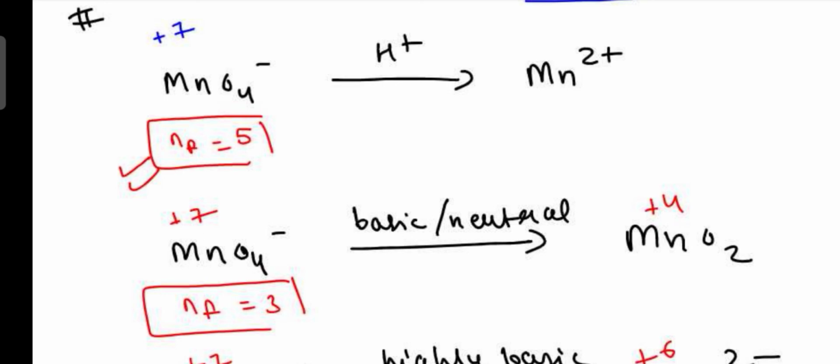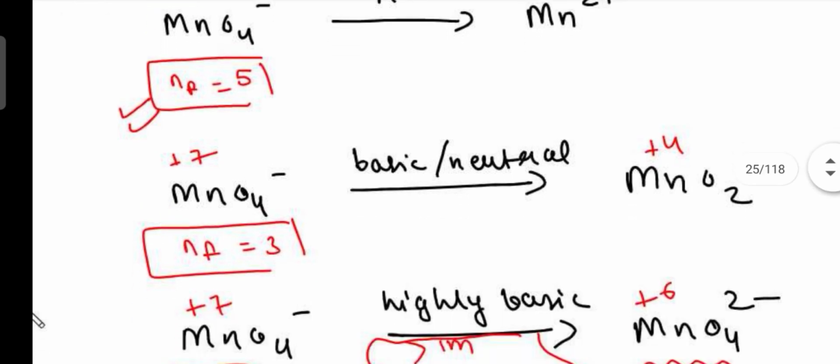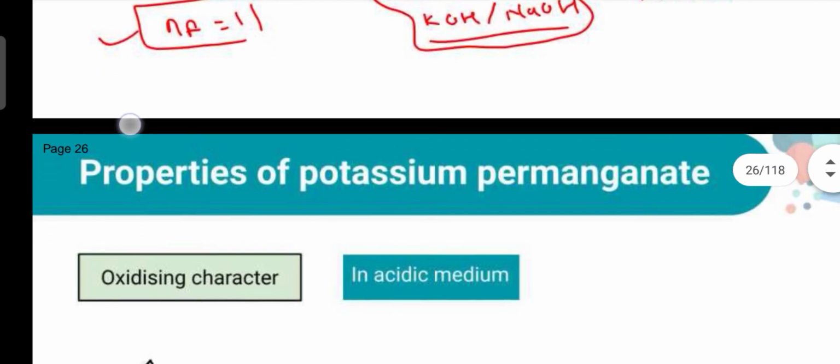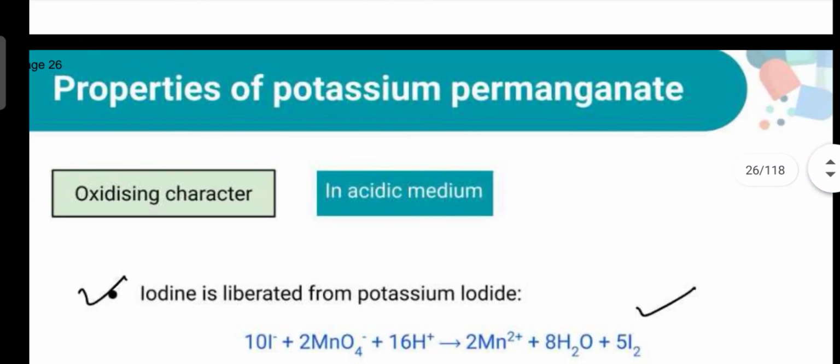The oxidation state is plus 4, and hence the n factor comes out to be 3. And when we react it in highly basic medium, we get n factor 1, because on the product side we get manganate, which is in plus 6 oxidation state.